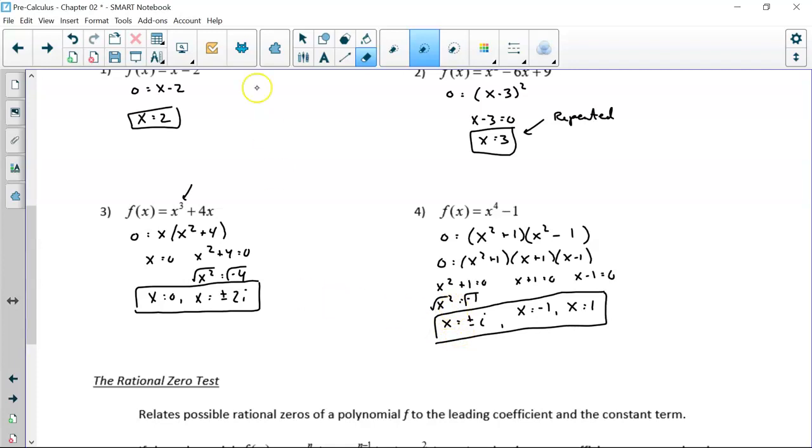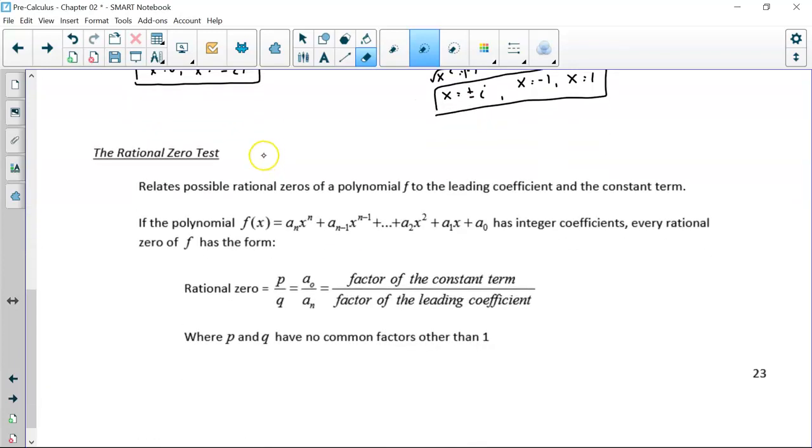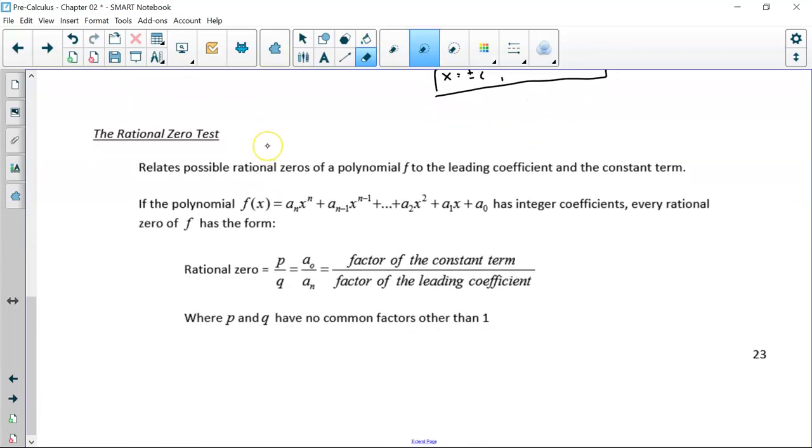Now, the rational zero test talks about the possible rational zeros, and we're going to use this to help us factor and to help us solve these. To do that, it's the factors of the constant over the factors of the leading coefficient, p over q.